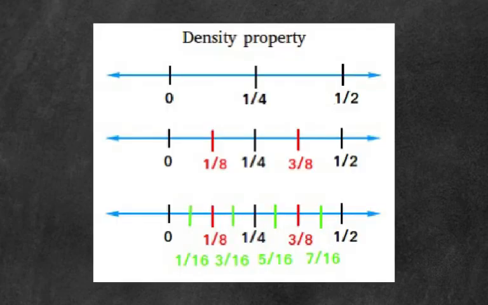Now we have the density property. Density property means between any two real numbers, there is another real number. This property is not true for natural numbers or integers.